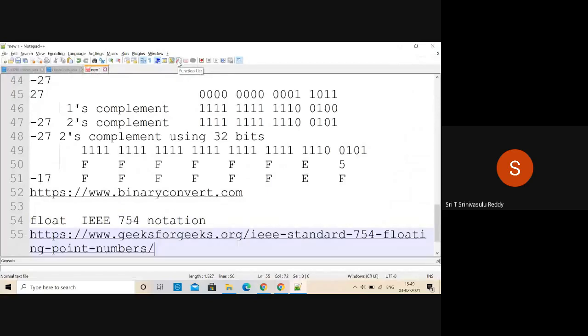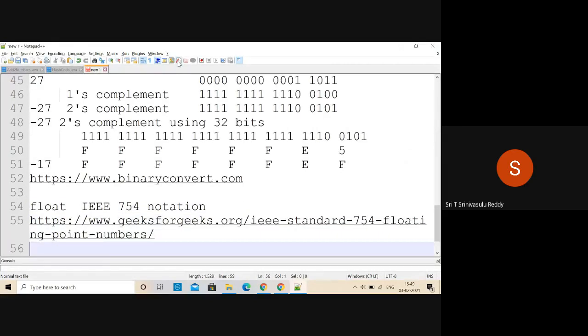The link you can use is this one, Geeks for Geeks. Even on Google, just simply search for IEEE 754 notation. Whatever link you get from Geeks for Geeks, click on that. Then you should be able to find out. Other sites also you can easily understand. I'm just showing one such example.